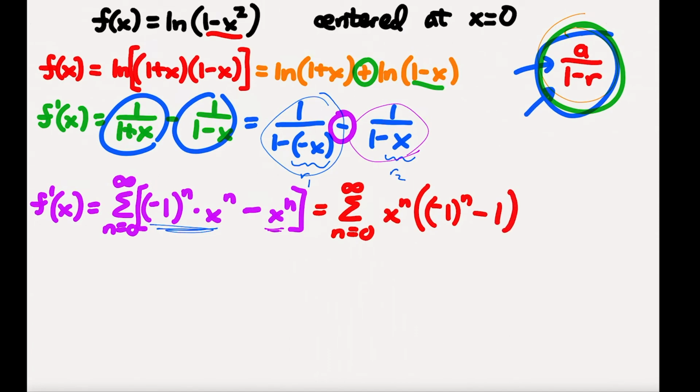Now what's great about this is that it's a really easy antiderivative. When we're going from f prime to f, we can just use the reverse power rule here. The x to the n ends up being x to the n plus 1 over n plus 1.